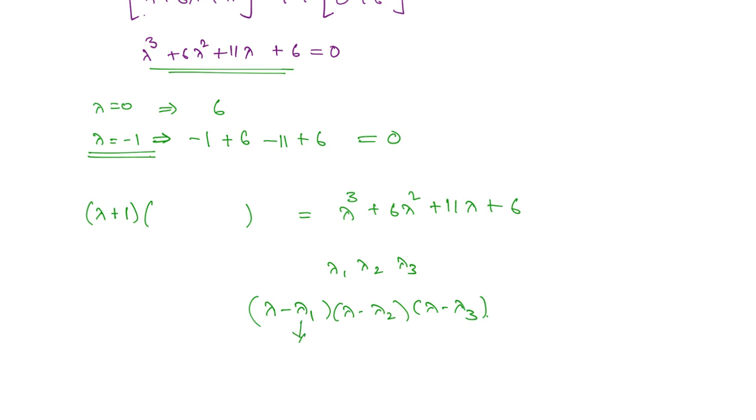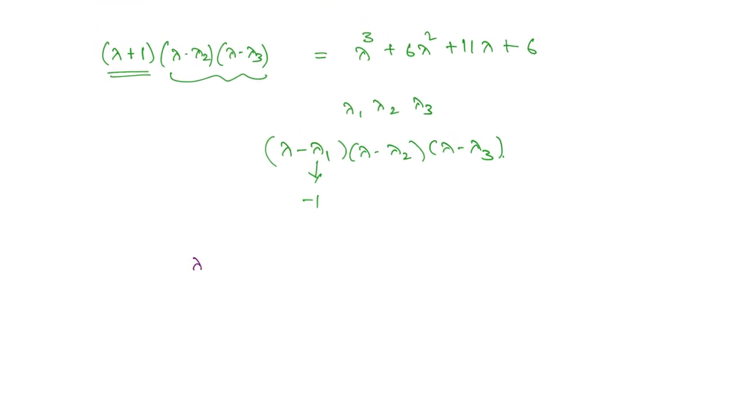We got one root, minus 1, so that we have written here. Now we have to find (lambda minus lambda 2) and (lambda minus lambda 3). How will you get this? This will be equal to this polynomial divided by lambda plus 1, so you have to do the division of lambda cube plus 6 lambda square plus 11 lambda plus 6 by lambda plus 1.